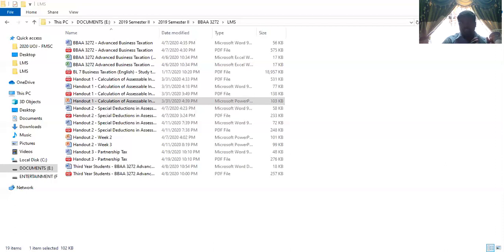The profit calculation on disposal for financial accounting and taxation are both different. So we need to calculate based on the act.